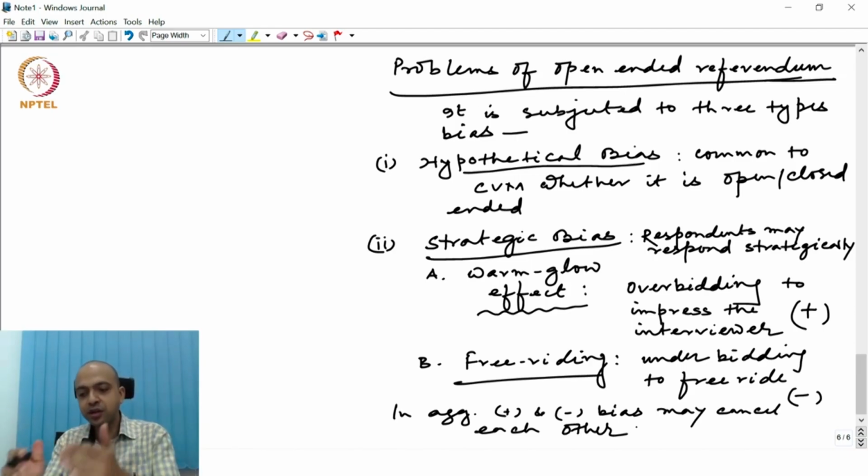There is a possibility, but we cannot rule out the possibility of strategic bias, which is related to how respondents play strategically with their responses.